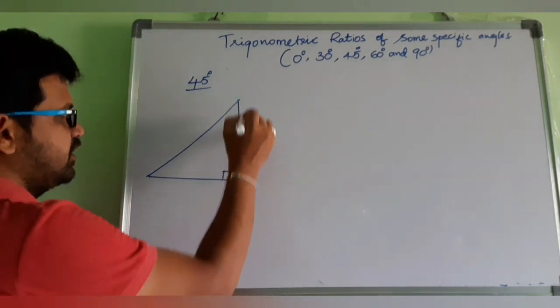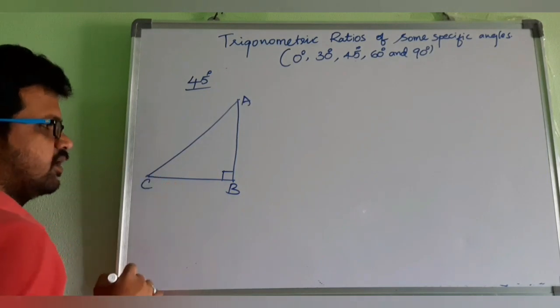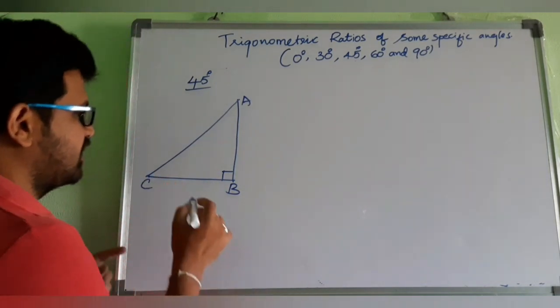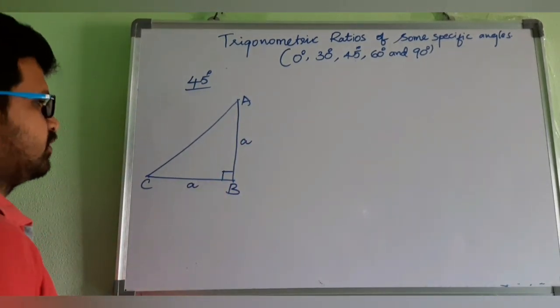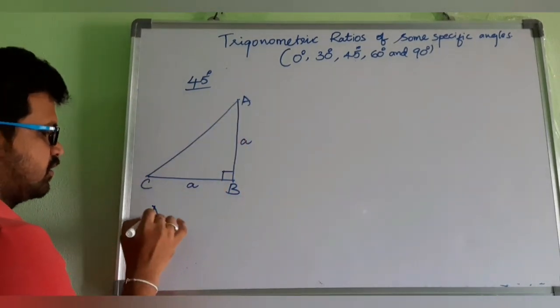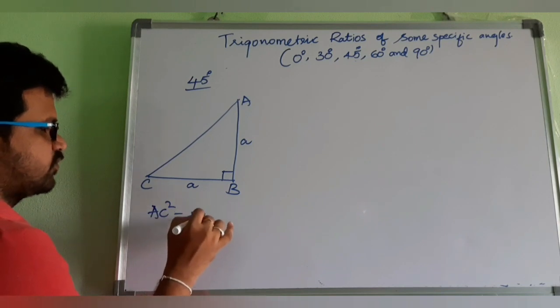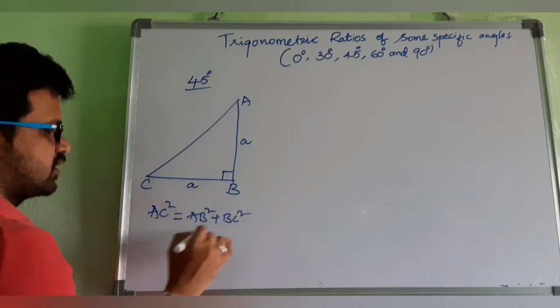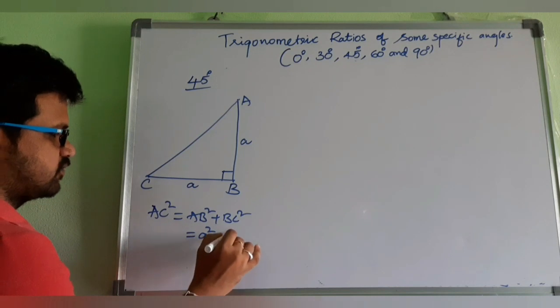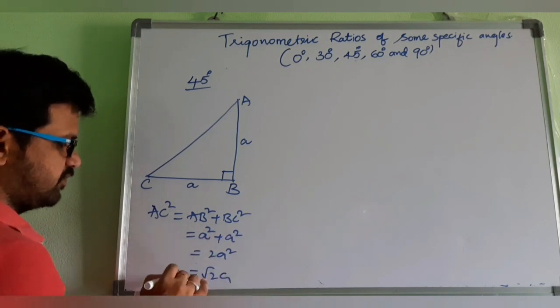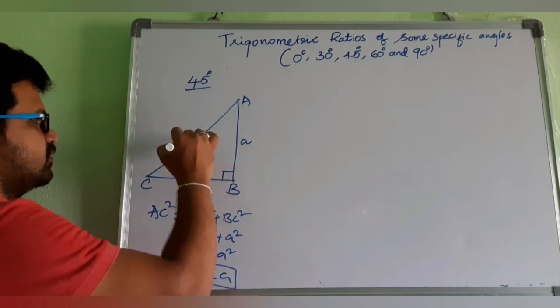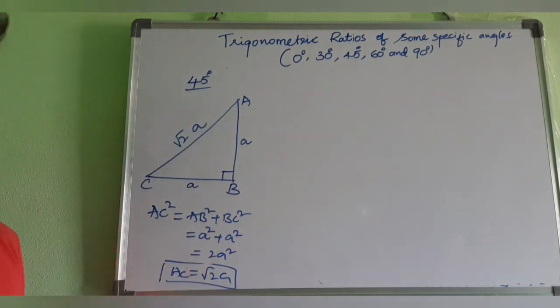Let us take B, A and C. Right angled isosceles triangle means two sides must be equal. So what about the hypotenuse? AC square is equal to AB square plus BC square. That is A square plus A square, 2A square. So that is root 2A. AC value is root 2A. This is root 2A.